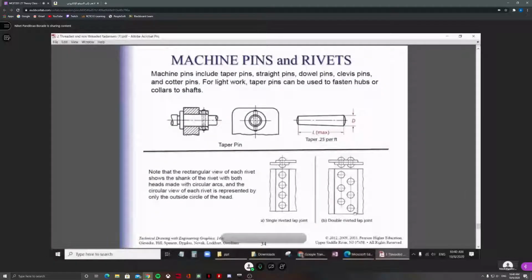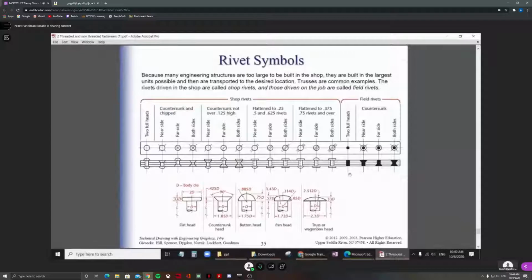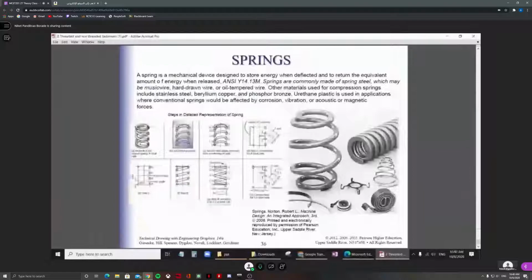And these are different rivets, different shapes for the rivets. The springs, you know how to represent this spring. We have seen the orthographic and the sectional view of the springs, but the spring can be represented just by a line diagram, right? You know that. We have seen it in the first module.